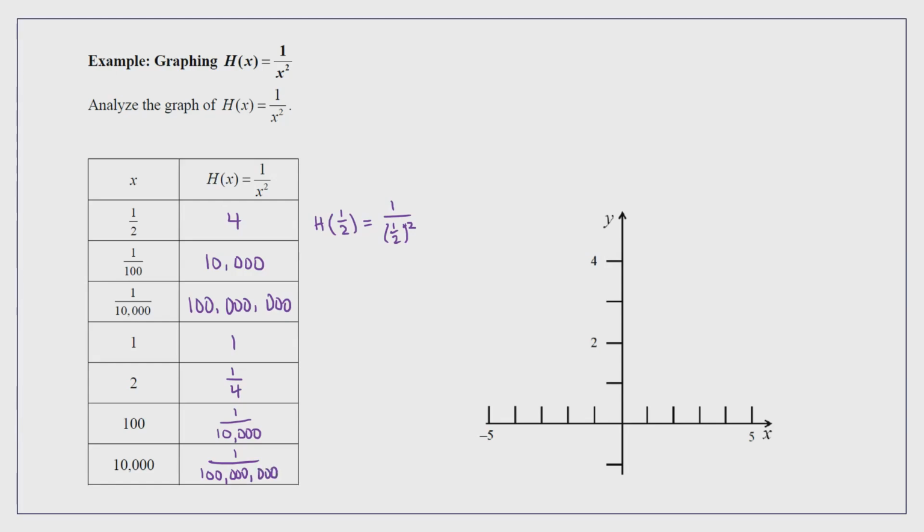Now, if you needed assistance with this, you can utilize your calculator by entering in your expression and then simplifying it. Okay. So we have our points, but let's actually graph this to visually see what is happening in our graph.